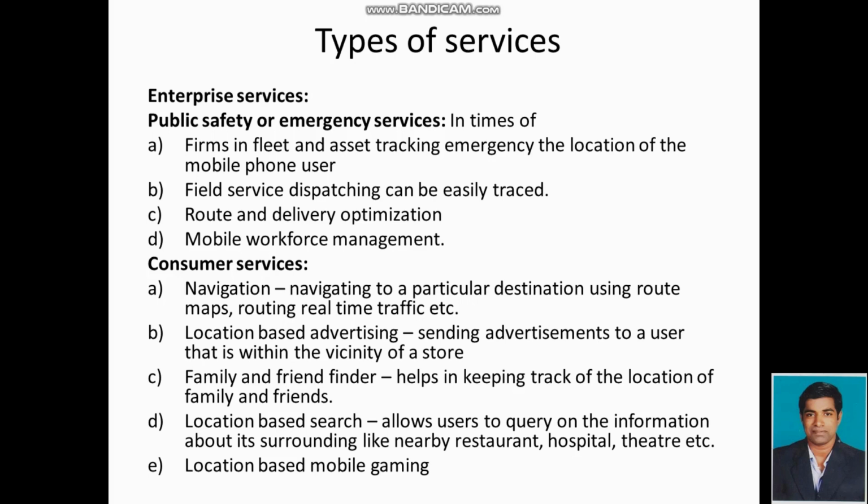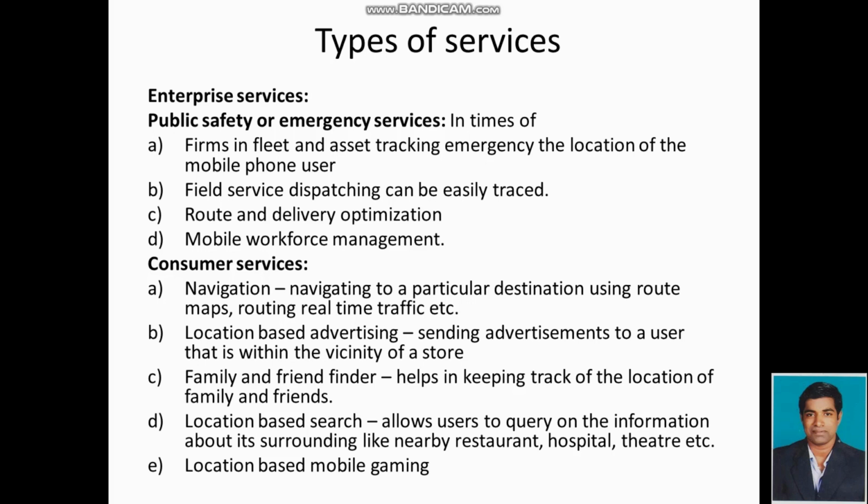Next one is consumer services, in which the first one is navigation, navigating to a particular destination using route maps, routing, real-time traffic, etc. The second one is location based advertising, sending advertisements to a user that is within the vicinity of the store. Third one is family and friend finder.